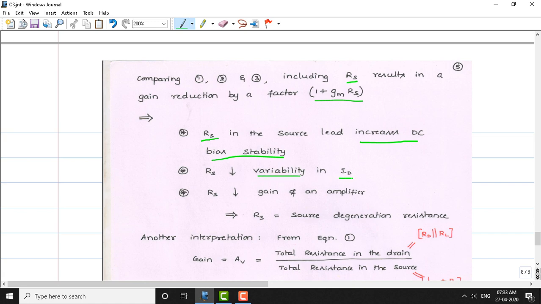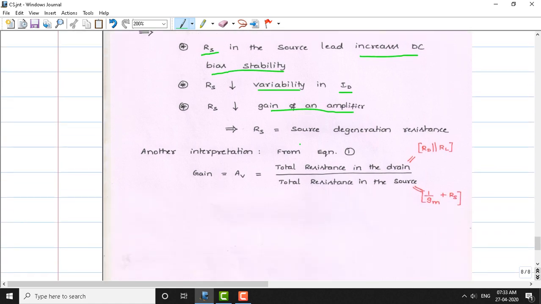This is the advantage of using Rs in the source terminal of the MOSFET. However, Rs decreases the gain of the amplifier. So we have a limitation. Therefore, Rs is also called the source degeneration resistance.